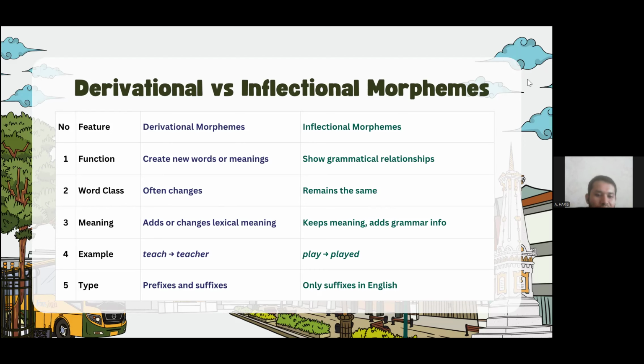The first adds or changes lexical meaning, and the second keeps meaning or adds grammar info. Look at the fourth, example. Teach, teacher, verb to noun. But for inflectional morphemes, play, played, verb to verb. And the last, type. In derivational morphemes, prefixes and suffixes. But in inflectional morphemes, in English, only suffixes. Okay, the next slide.